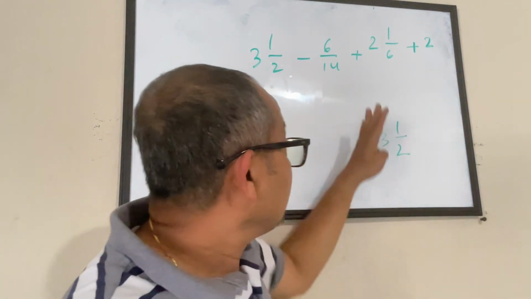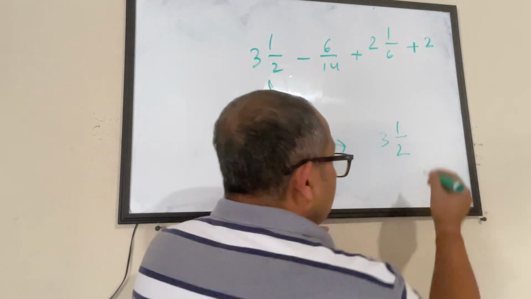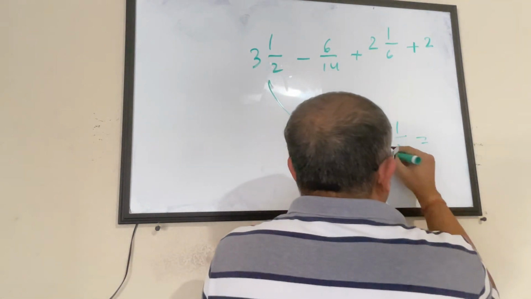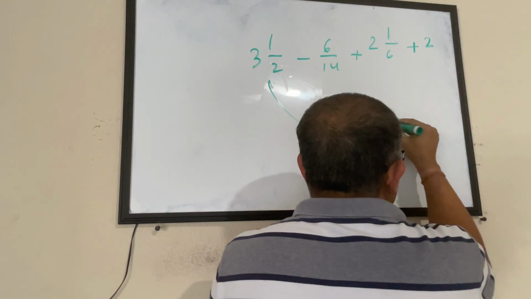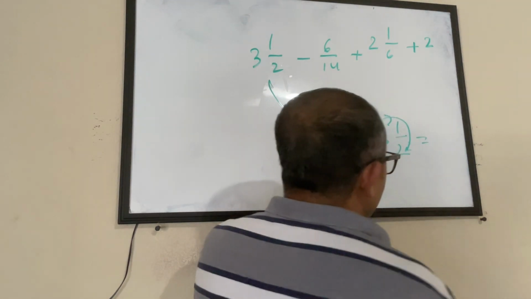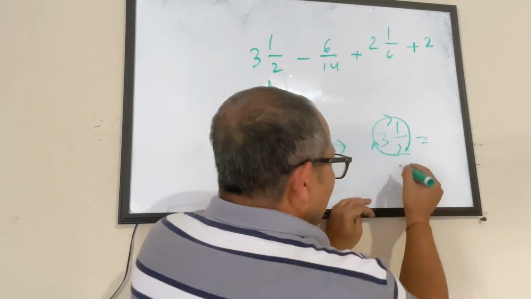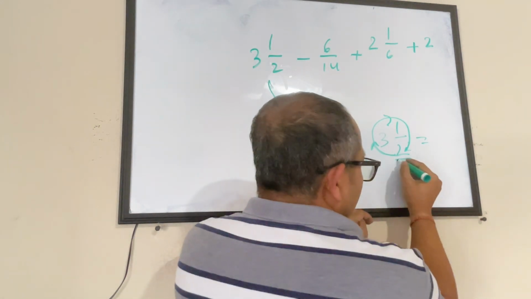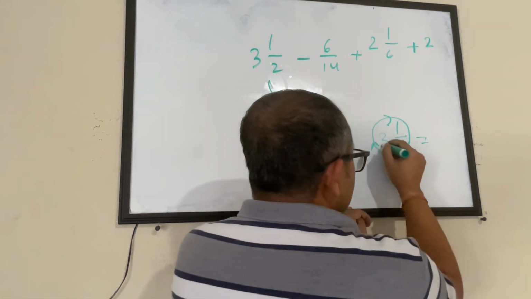Here, this one. How do you convert a mixed number to a fraction? 2 times 3 plus 1. It's a clock. You start from the bottom, go in this direction, come here. Now, pick the denominator, multiply this with this value. 2 threes are 6.